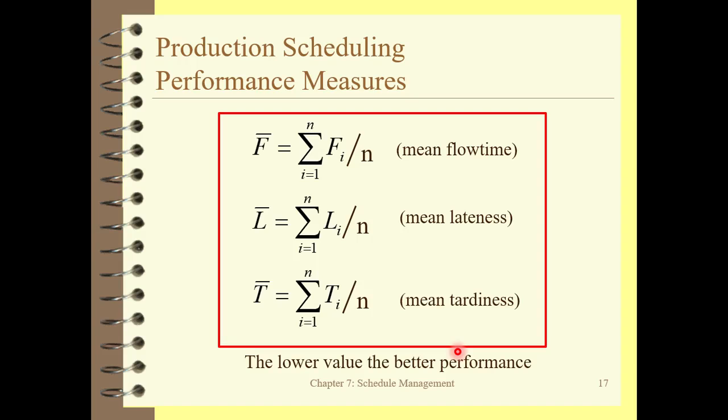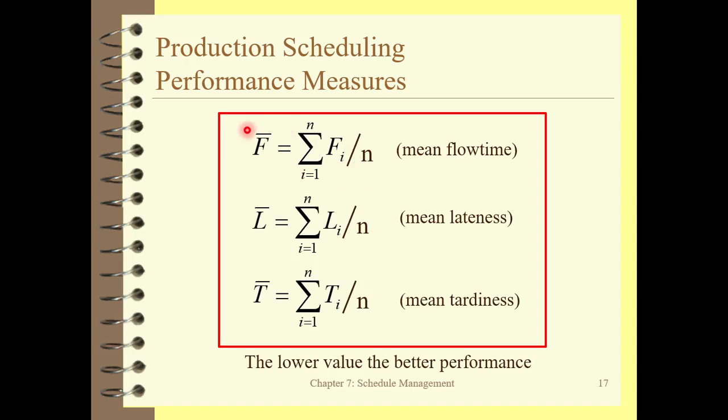And in order to calculate the average performance, you need to sum all the performance values and divide by the number of jobs that you are considering.